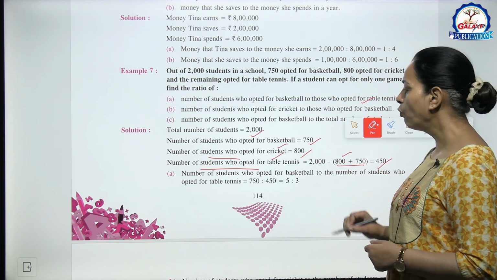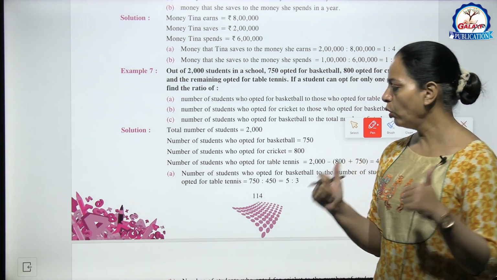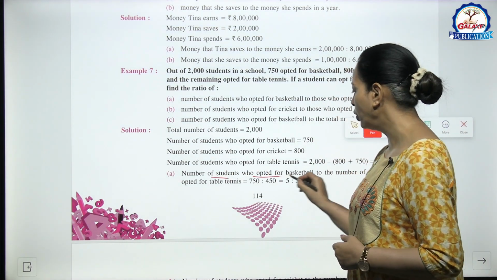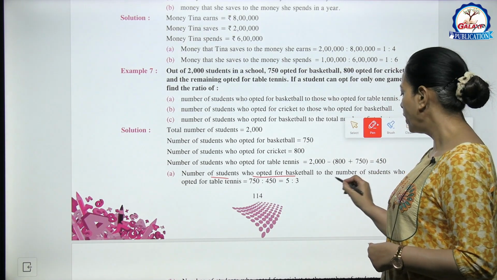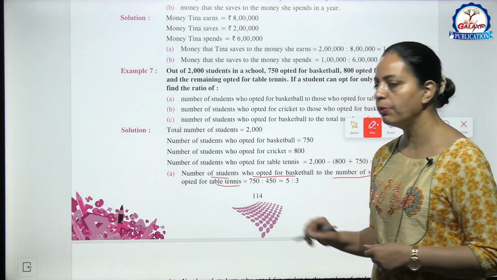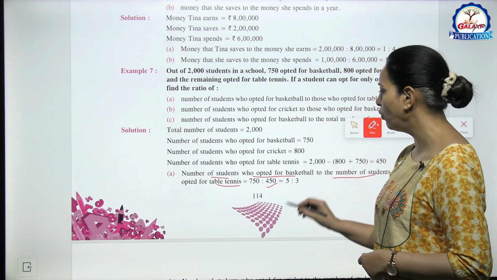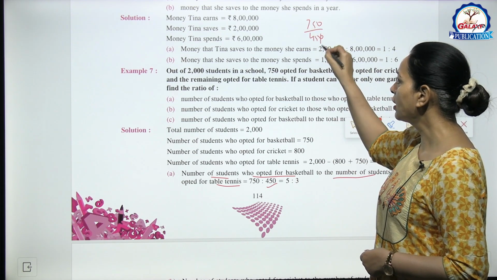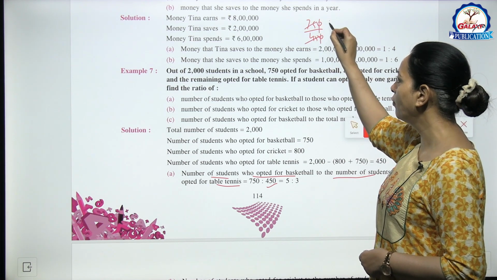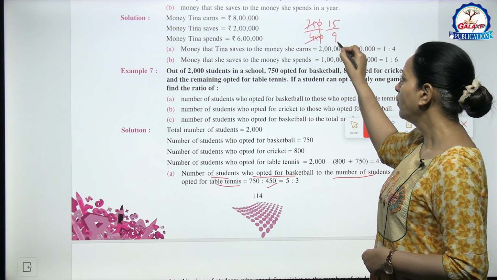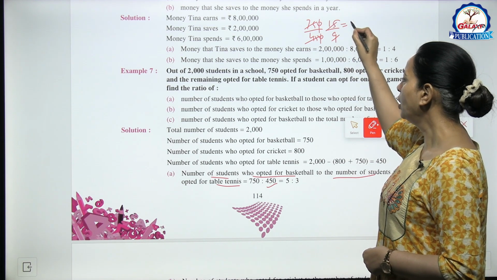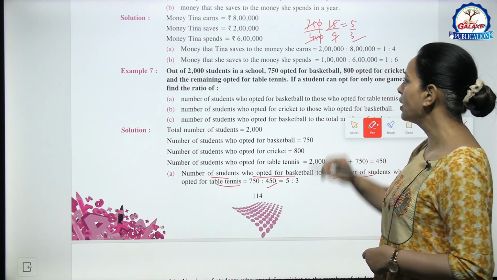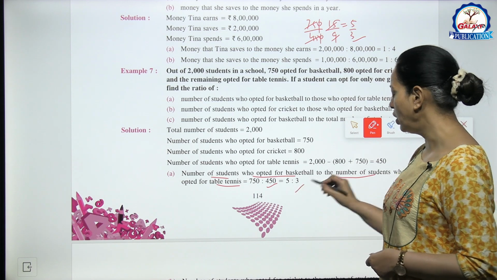this is 1550, means 450. So A part, number of students who opted for basketball to the number of students who opted for table tennis 750 is to 450, so 750 upon 450, now cut it by 5, then 3, so answer is 5 is to 3, right?